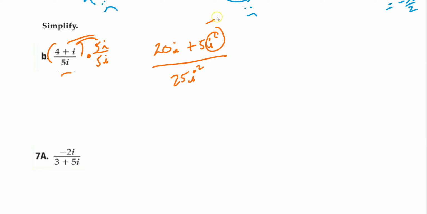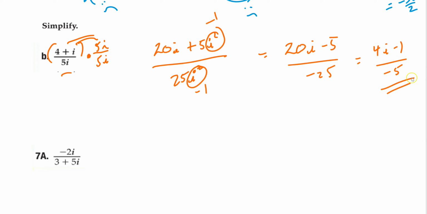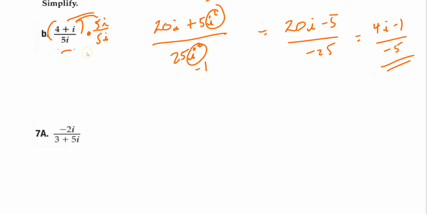This becomes negative 1, this becomes negative 1, and I get 20i minus 5 over negative 25. Now I could simplify this. They're all divisible by 5, so divide everything by 5, you get 4i minus 1 over negative 5. And that's the answer. So if you have an i on the bottom, you just multiply both top and bottom by it, just like you did with radicals.